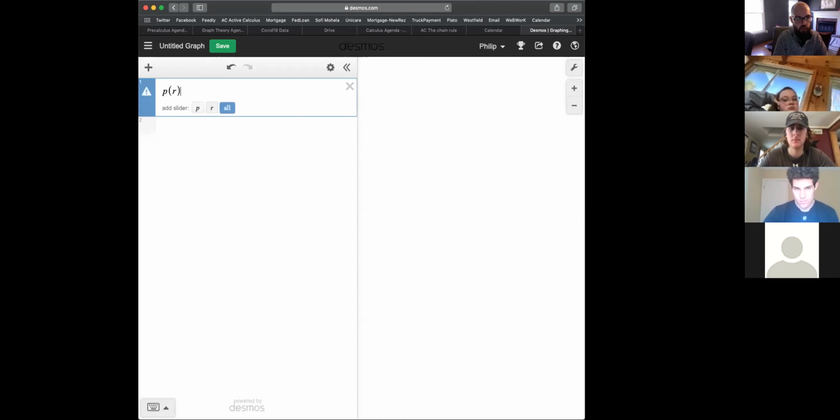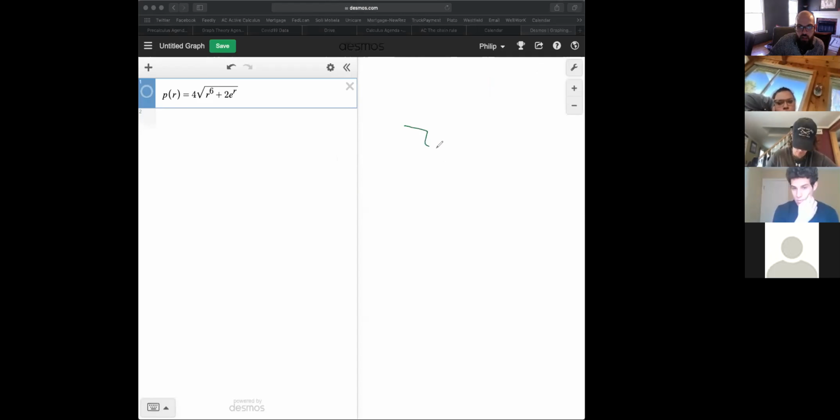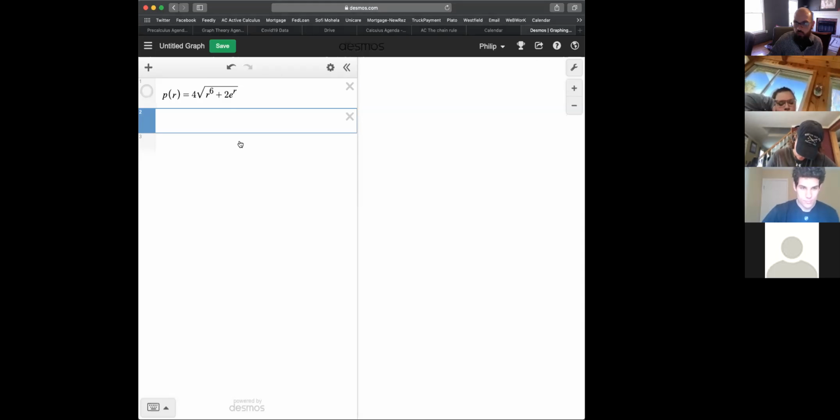My function P of R is 4 square root of R to the 6 plus 2e to the R, right? So it gives me a way to typeset. And if you all want to annotate, you could. If I click on annotate, I could draw over here if I wanted to. It gives us a nice way to do things.